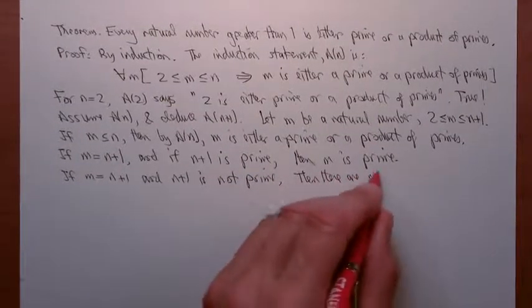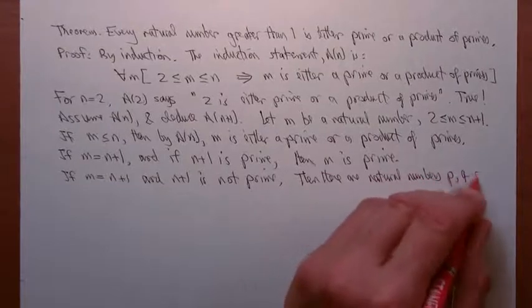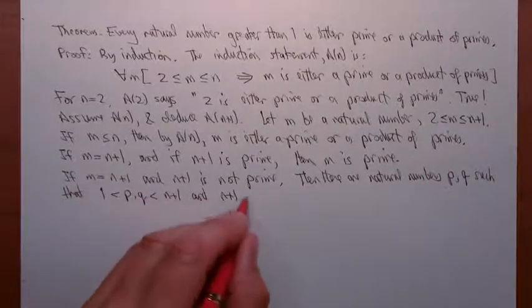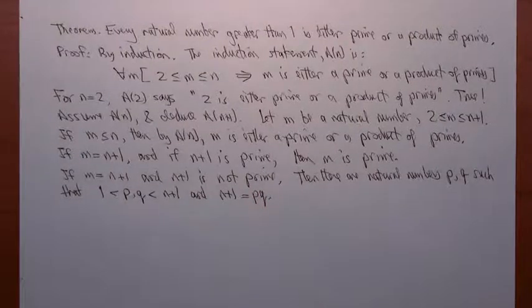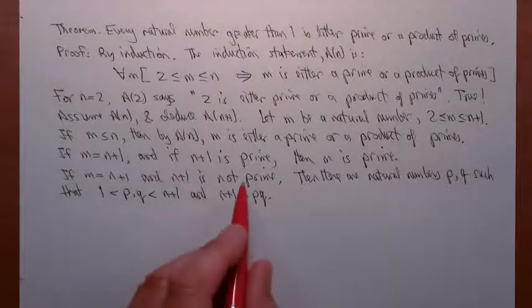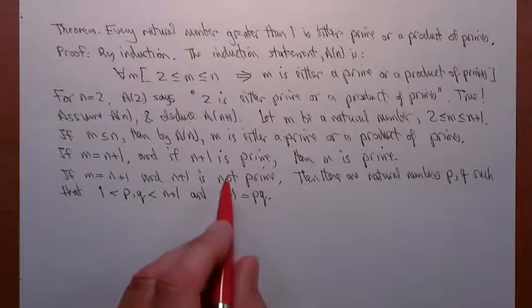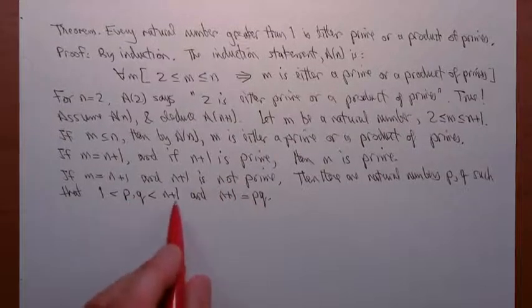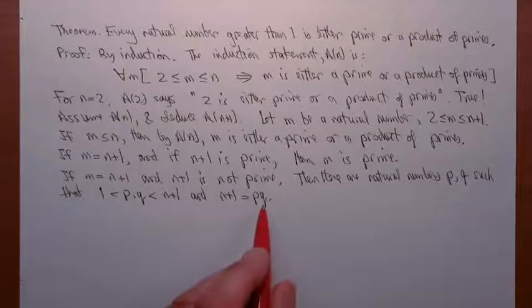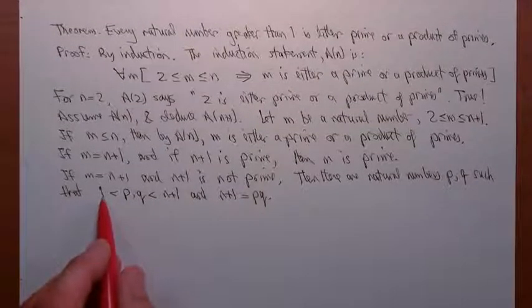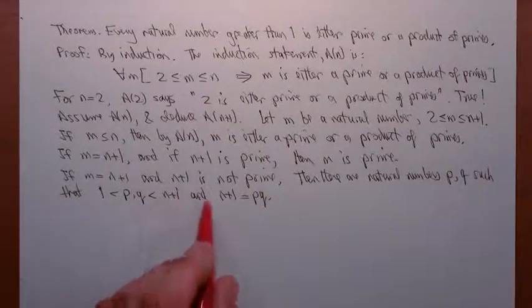Then there are natural numbers p, q such that 1 less than p, q less than n+1 and n+1 equals pq. If n+1 is not prime, then it can be obtained as a product of two smaller numbers. Not being prime means you can find two smaller numbers whose product equals the number. Two smaller numbers other than 1, that is. So this is just a definition of not being prime.